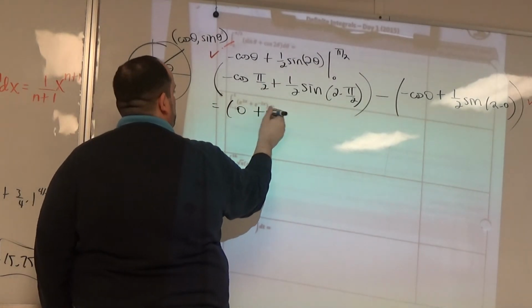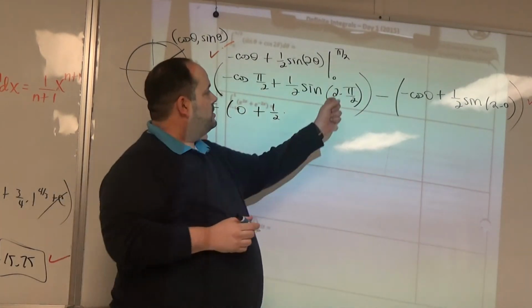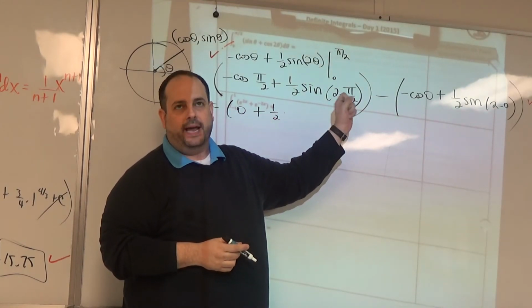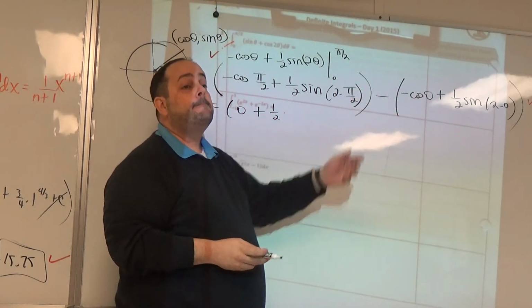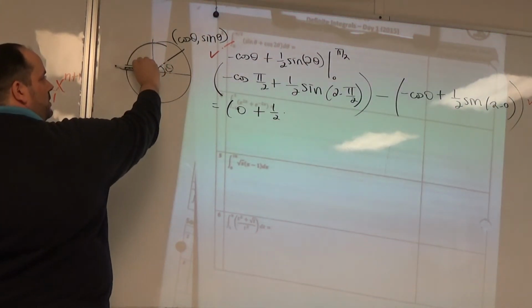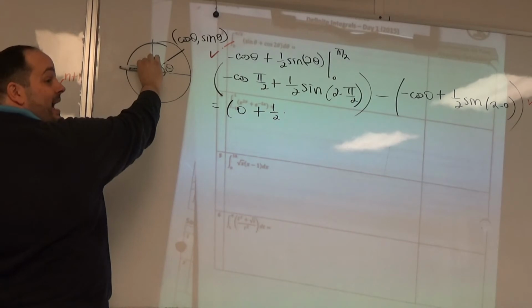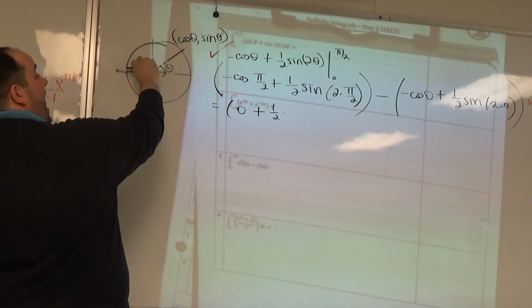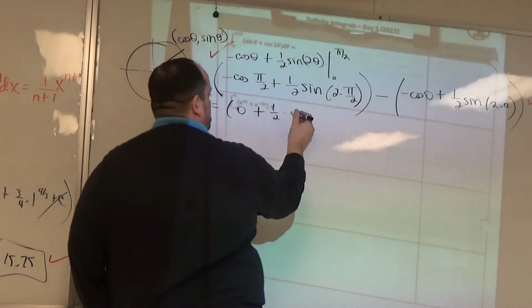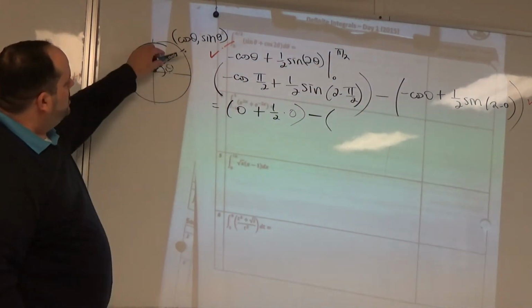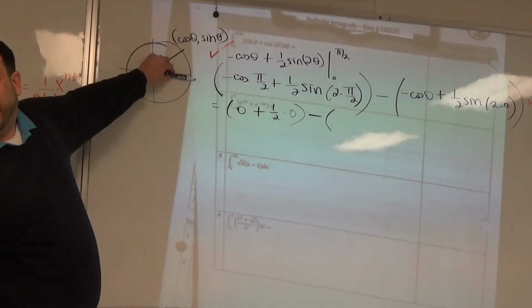0 plus a half. 2 times pi over 2 is not 2 pi, it's pi. What's the sine? The sine is the y value. It's 1, the height. Minus what? Cosine of 0. Here's my angle.